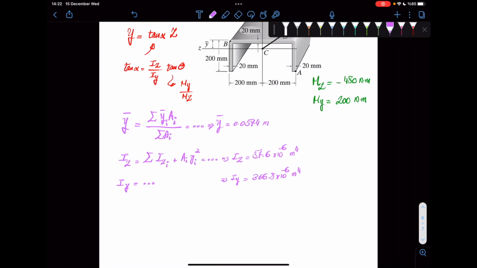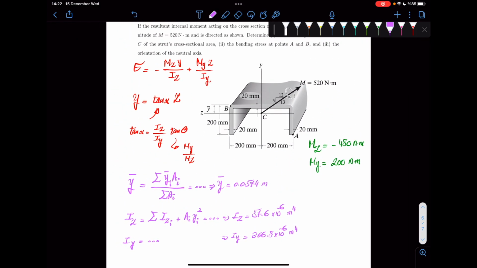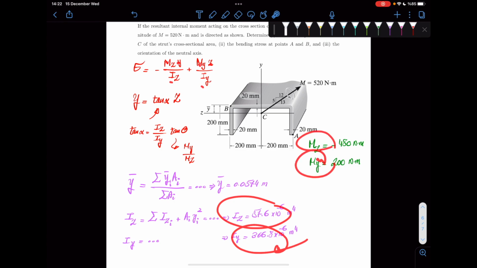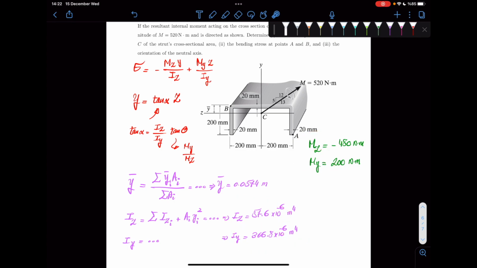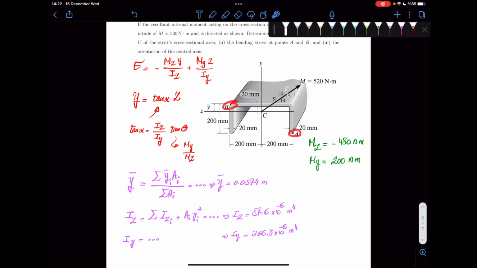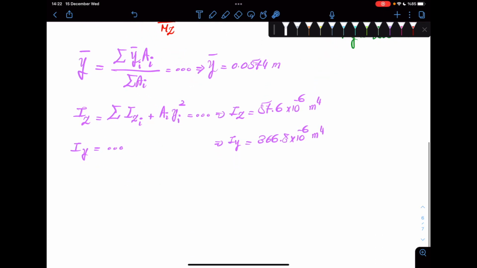And now, based on that, you have everything you wanted. For these formulas, you now have the quantities you wanted. You can just use them and calculate the stress at points A and B as the question asks you to do.